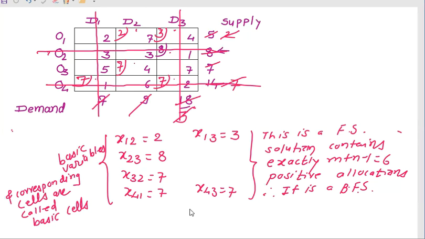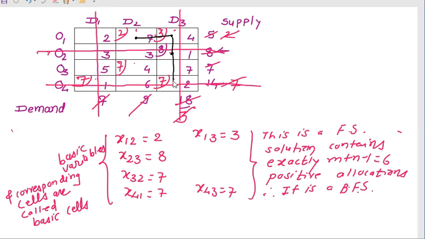Now, is it a non-degenerate basic feasible solution? We try to join these basic cells or positive allocations using horizontal and vertical lines, and if we get a loop, then it is degenerate. If we do not get a loop, then it is non-degenerate. So let us join these basic cells using horizontal and vertical lines. So this is a basic cell. We join with this. Now this is a basic cell.